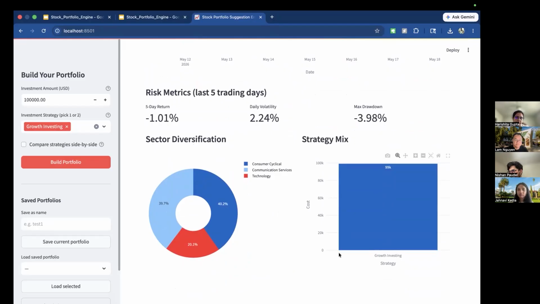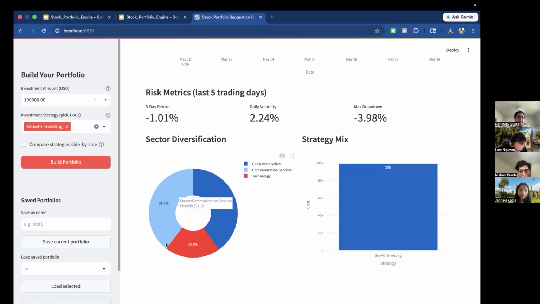While we are here, look at the sector diversification pie chart. In each sector, it shows the allocation, with the consumer cyclical sector highlighted in the pie chart at around 40%, then 20% in communication services and 39% in technology.